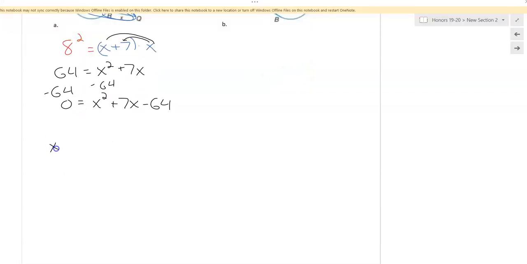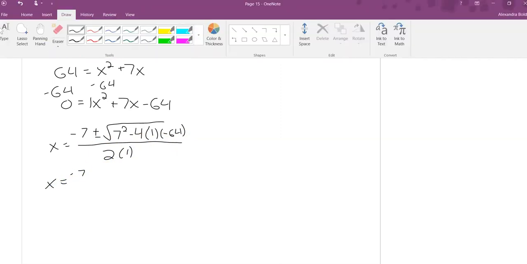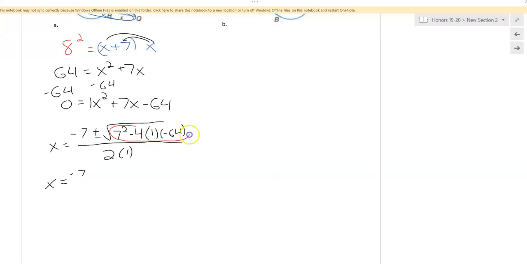So, x equals the opposite of b. It's positive, so negative. Plus or minus the square root of 7 squared minus 4 times 1, times negative 64. All over 2 times 1. Again, I'm going to type this part in my calculator, not the square root.